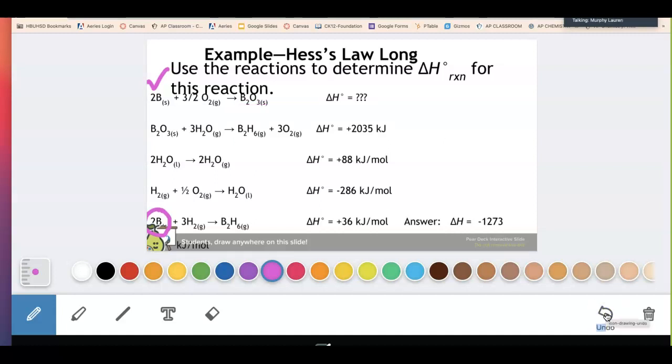So, here it is. What's wrong with this one? It's on the incorrect side of the reaction arrow, right? So I need to flip it. So everything on the left is now on the right.